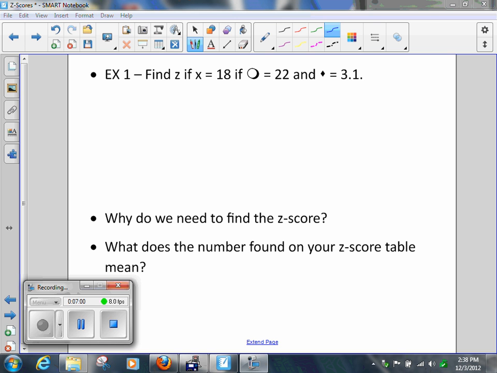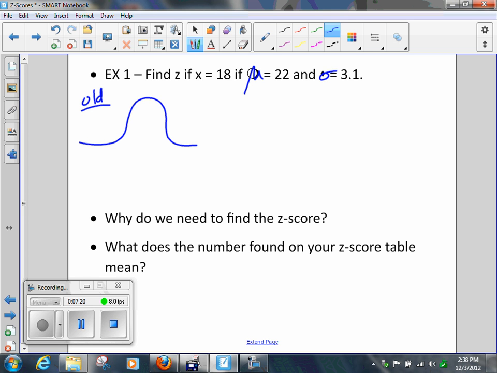So, another typo, sorry about this. Find Z if X is 18, if mu is 22, and the standard deviation is 3.1. Fix that. Now, what we did in the past was we set up our curve.